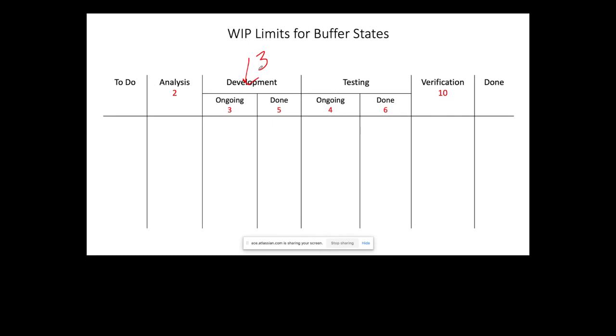The second thing that we can consider: there can be instances where the developers will say, okay, I can handle two tickets. Based only on capacity, the WIP limit will be 6. But as we know, from one person to another, the amount of work that they can do will differ, based on their experience, their knowledge level, the type of work that we do, and the complexity of the work.